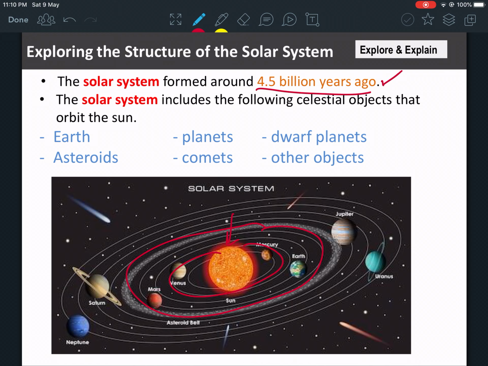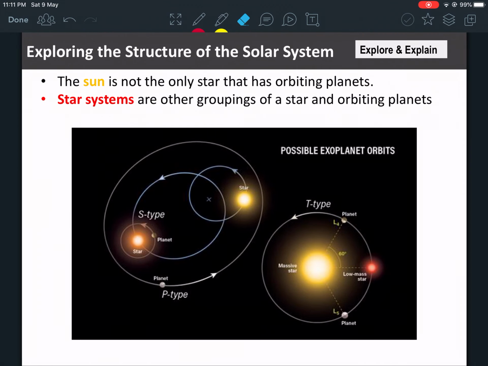Okay, everything else revolves around the sun, because the sun is the biggest and has the biggest gravitational force. Also, our solar system is made of the sun, our Earth, different planets, moons, dwarf planets, comets, asteroids, and other objects, and we're going to go through them later.